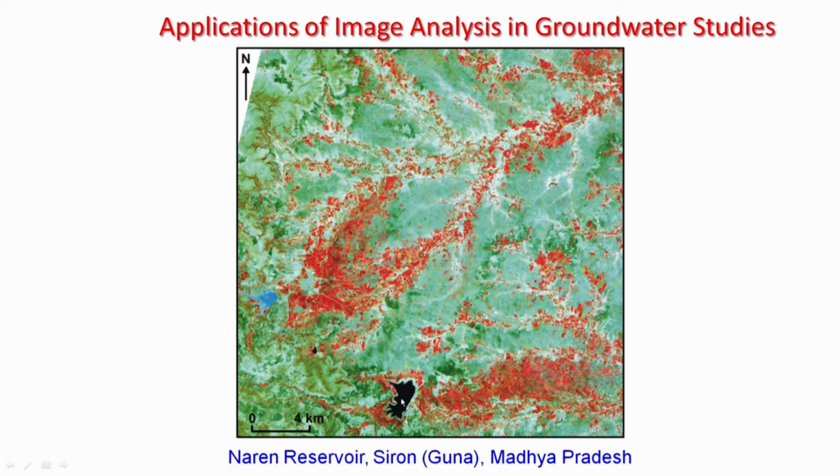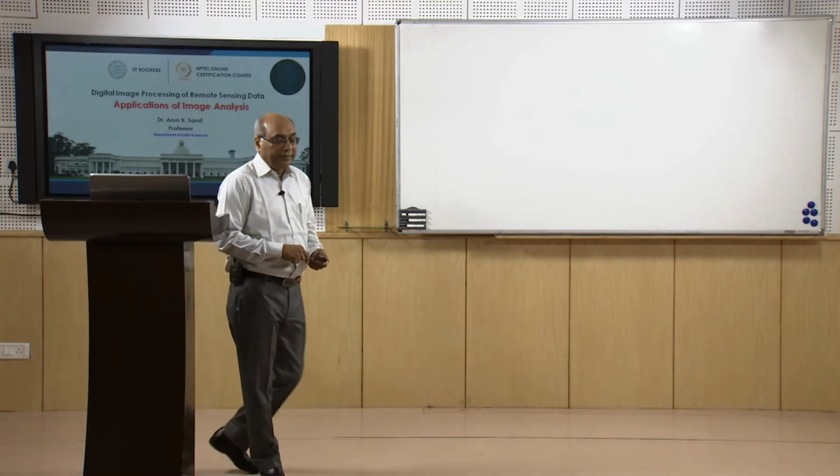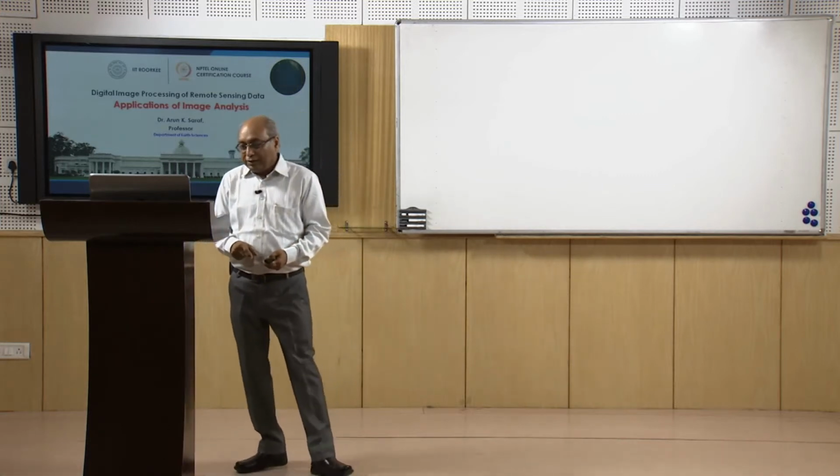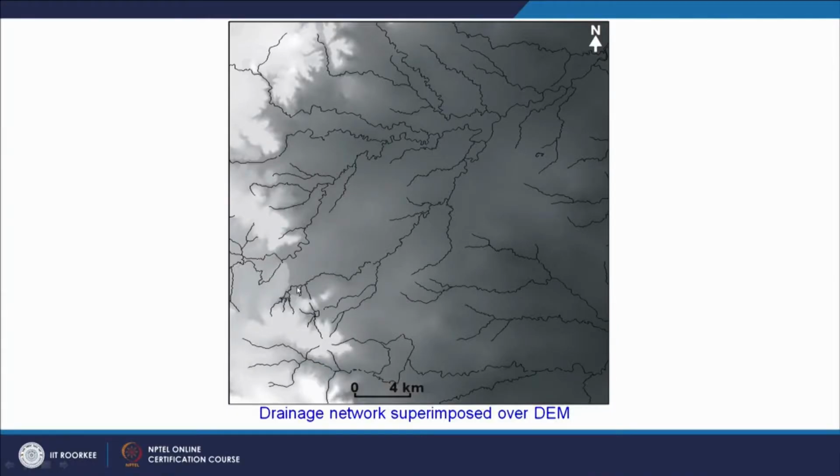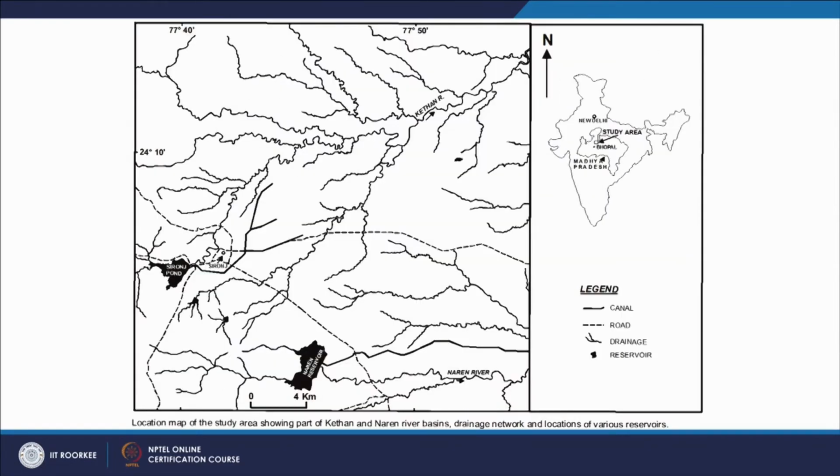Now there is another very important thing which one can identify if one incorporates some other data sets. So I will go to this one first: you are having a digital elevation model, and if you overlay on a GIS platform the positions of the reservoirs and the drainage system, what you would find is that the smaller reservoir is located on higher ground compared to the larger one, which is located relatively on lower ground, and therefore it is recharging.